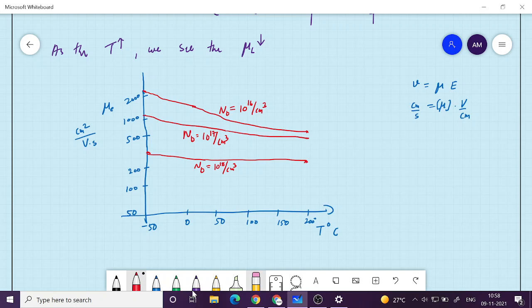So there are various mechanisms. When you measure, you can't isolate one mechanism from the other. So this mobility is not just the effect of temperature or lattice vibration, but this dependence with respect to temperature, that is entirely due to or mainly due to the lattice vibration. But the other mechanism that we talked about, which is the scattering by the impurity centers which are ionized, okay, that is what gave rise to the lowering of this graph downward.